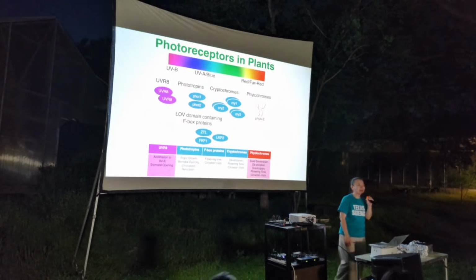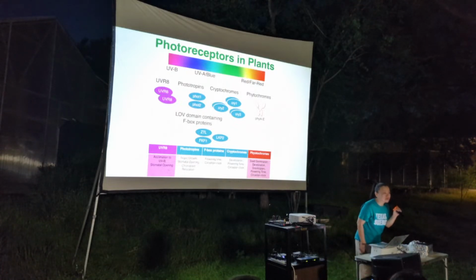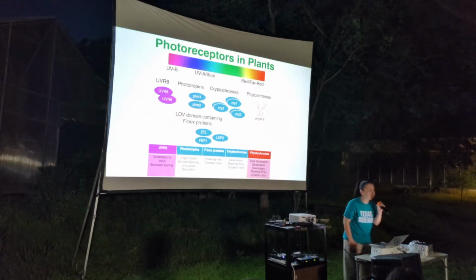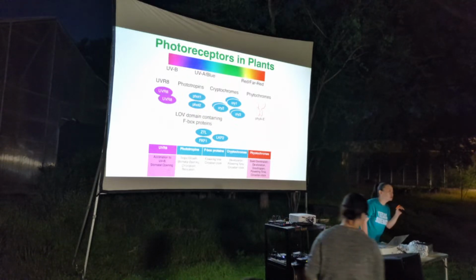Any other questions? How common is it for one gene to perform the same function across different plant species? Sorry, I cannot hear you. How common is it for one gene to perform the same function across multiple plant species?